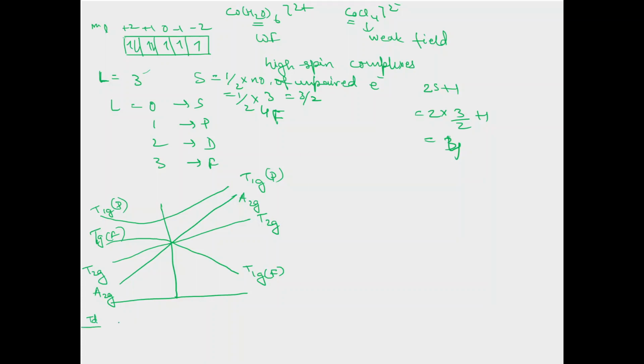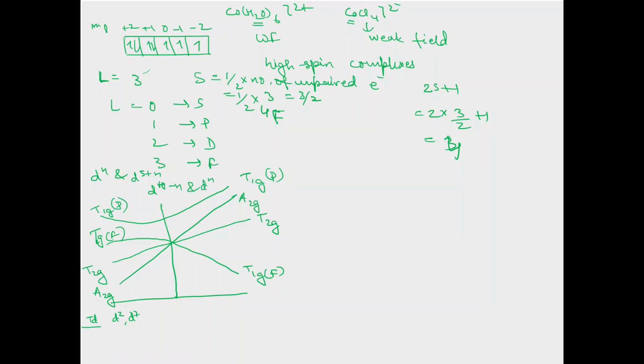So for tetrahedral d2 and d7 systems, for dn and d5+n, we get the same electronic transitions. What the Orgel diagram says is basically what electronic transitions we are getting. Okay, so for dn and d5+n we will get the same, and for d10-n and dn, they will have the opposite one.